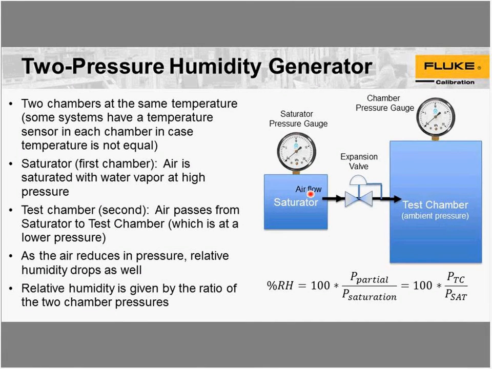For multiple reasons, there may be a temperature differential, so the temperature is also measured in each chamber. The key in the test chamber is that temperature is measured close to where you are calibrating your humidity sensor. So you need multiple temperature sensors in the test chamber to make sure you know what the temperature is right where your sensor is. Okay, so that's a two-pressure humidity generator.